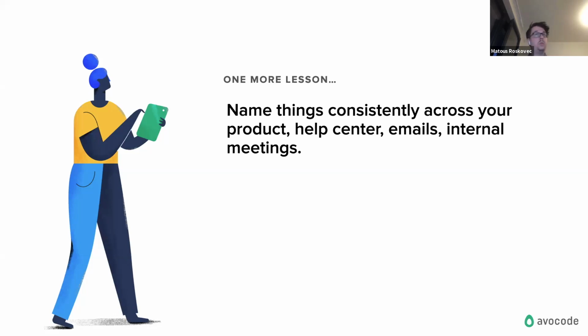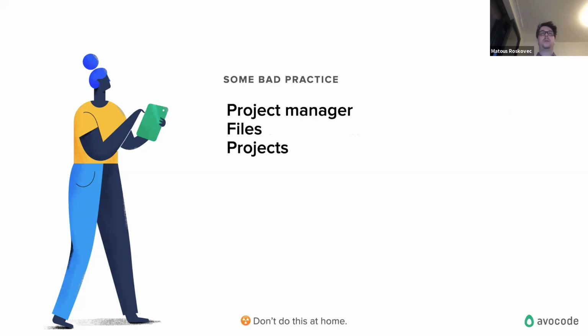To show you quite personally, without any criticism, how we struggle with this internally, there are a few examples. One place in Avocode where you put all your designs is called officially the project manager, but it's actually also design files. It's actually your projects.